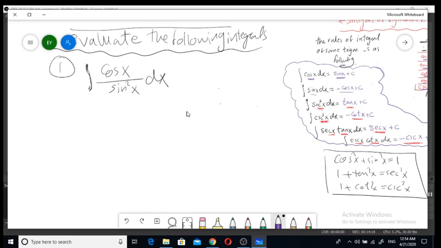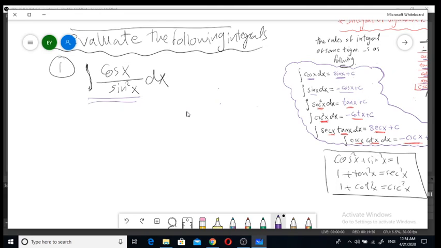So we need to find the integration of cosine x over sine squared x. But as we have studied before, we don't have a product rule or quotient rule in the integration like the derivatives. So we have to use some techniques like converting 1 over sine or 1 over cosine by trigonometric relations that we have studied before. So we have to rewrite the expression.